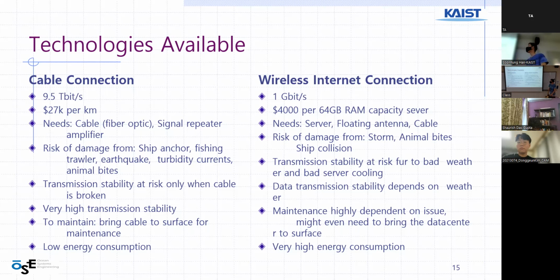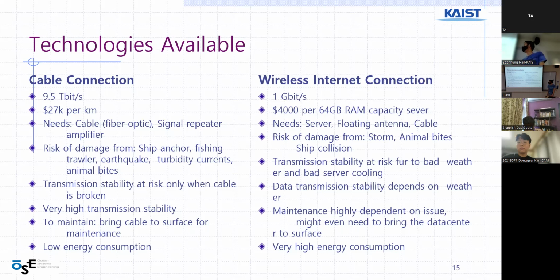As for the speeds, the cable connection wins by a huge margin. It can operate at 9.5 terabit per second, compared to wireless internet of just 1 gigabit per second. And the cost of cable connection is $27,000 per kilometer, whereas the wireless internet is $4,000 per 64 gigabyte RAM capacity server.